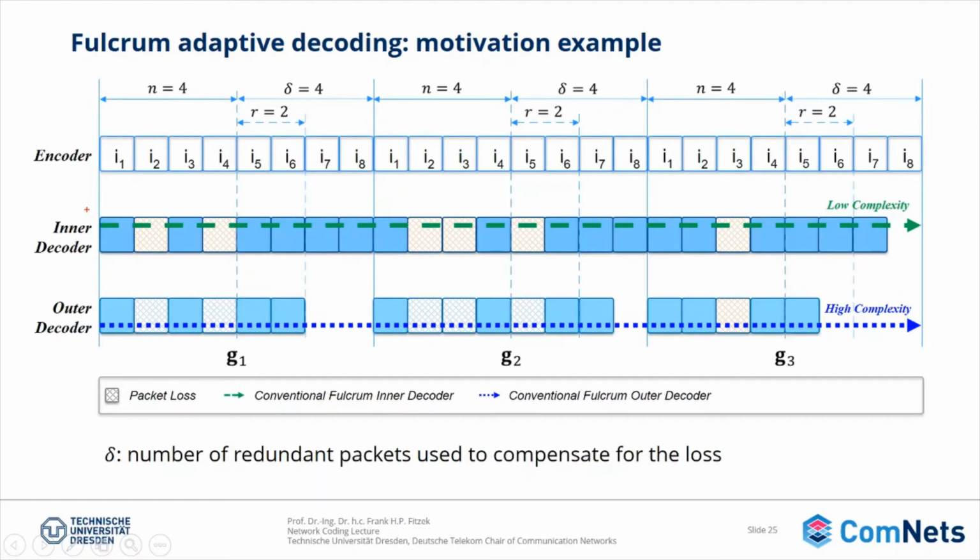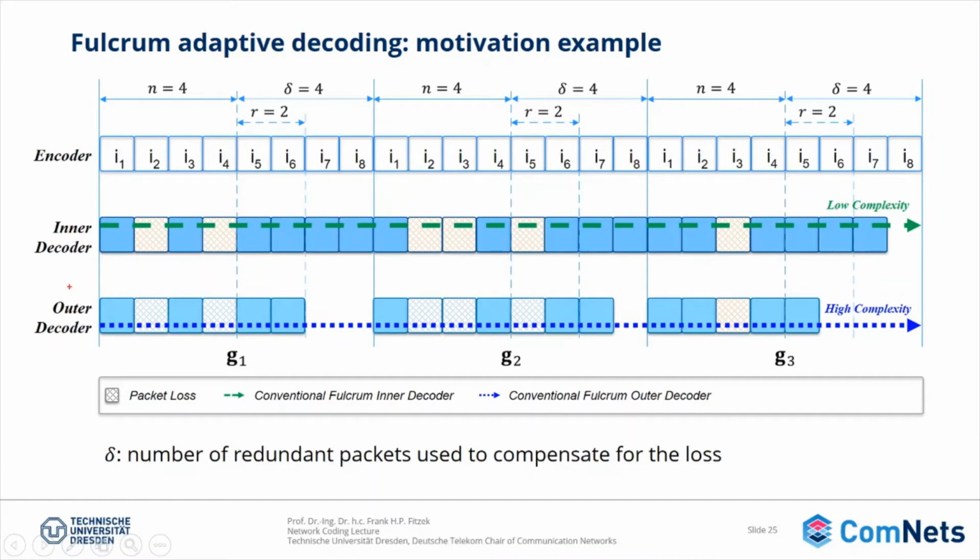So in this example, if the receiver chooses to decode with the inner decoder, the complexity is very low, but the number of coded packets needed to recover the original packets is higher than with the outer decoder. It means that we have 4 original packets and 2 expansion packets, so in each generation, the receiver has to receive at least 6 coded packets to recover a generation.